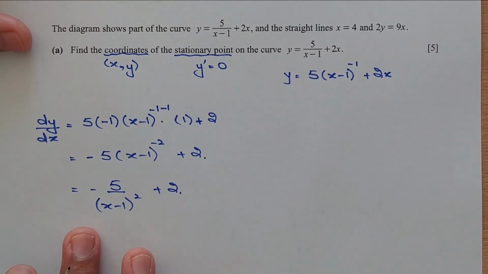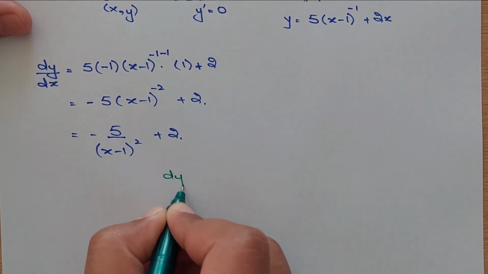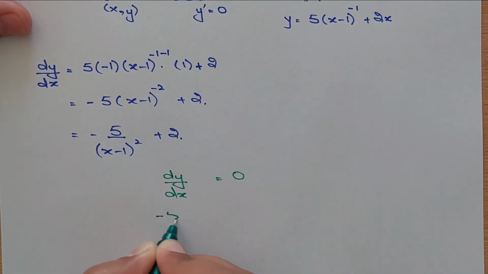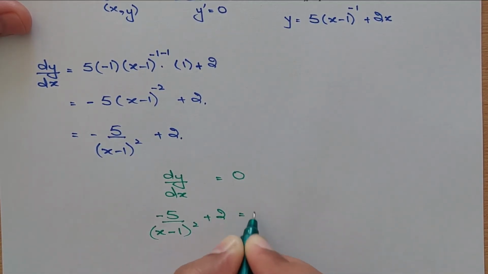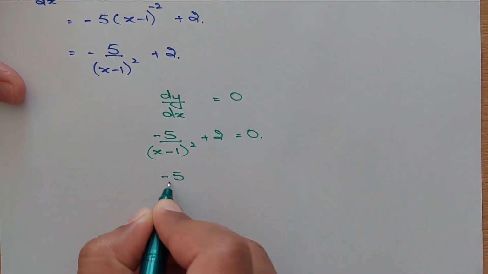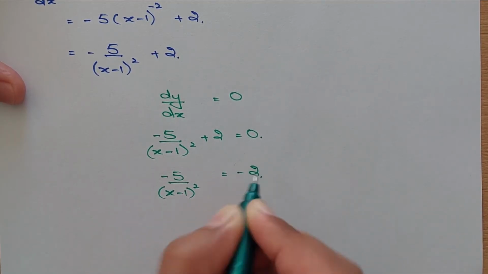Now let me set this derivative equal to 0 to get the values for x and y, right? For a stationary point, dy by dx is equal to 0. So minus 5 divided by x minus 1 whole square plus 2 is equal to 0, right? In the next step, we have minus 5 divided by x minus 1 whole square equal to minus 2.